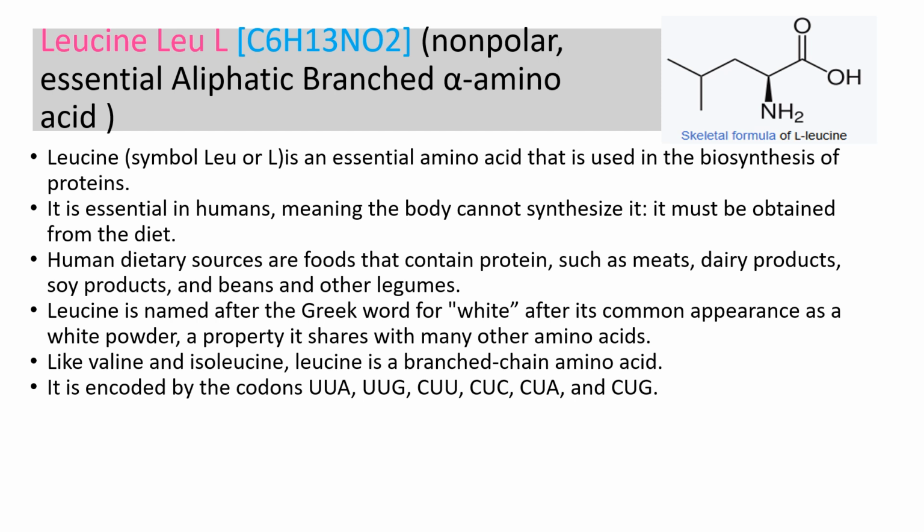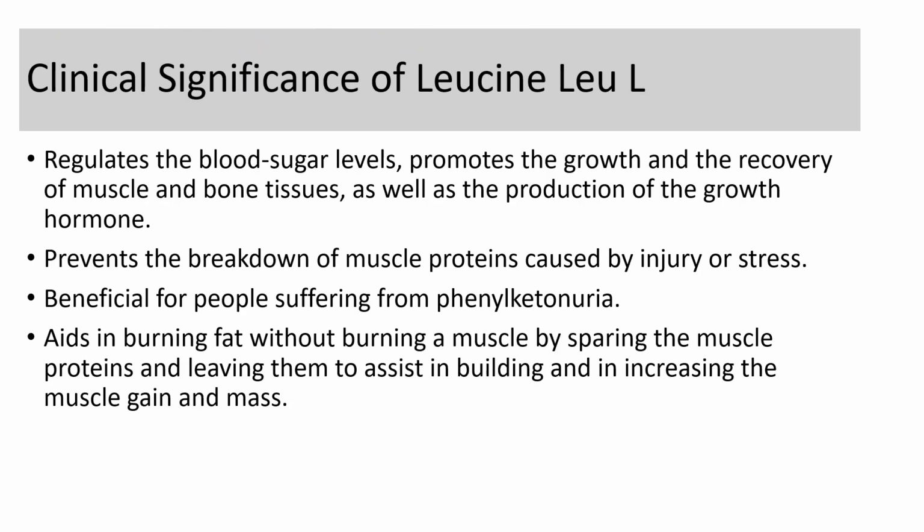All right, so remember these, very important. C6H13NO2 is the molecular formula of leucine. It can be written as LEU or just L. At times, you will be asked questions with just the one letter for amino acids, and you will have to know them by heart.